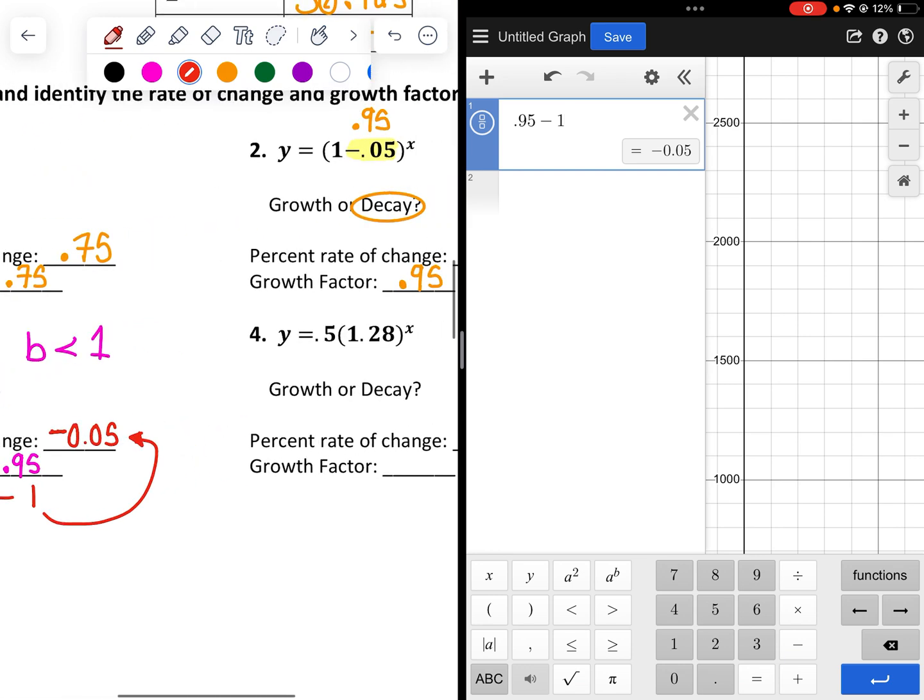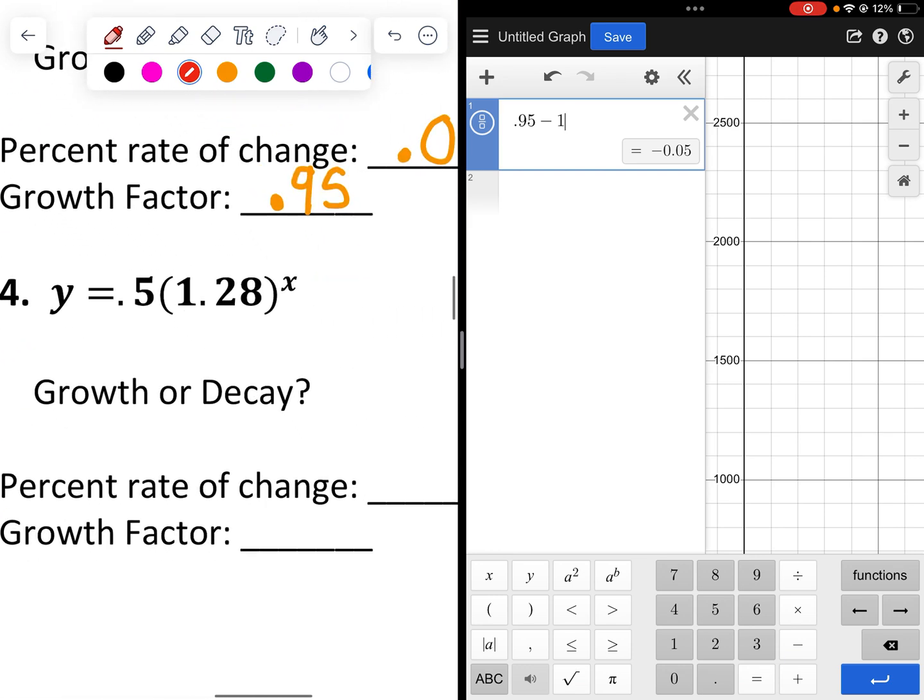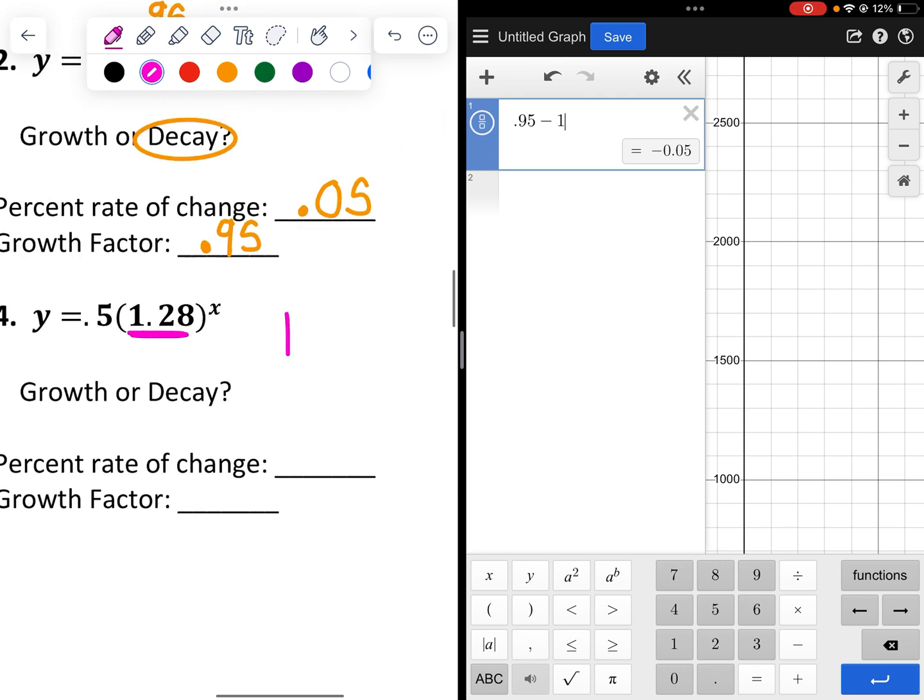Okay, let's look at number 4 here. Our B value is 1.28. 1.28 is bigger than 1, so this is growth. Since this is already simplified, this is your growth factor.